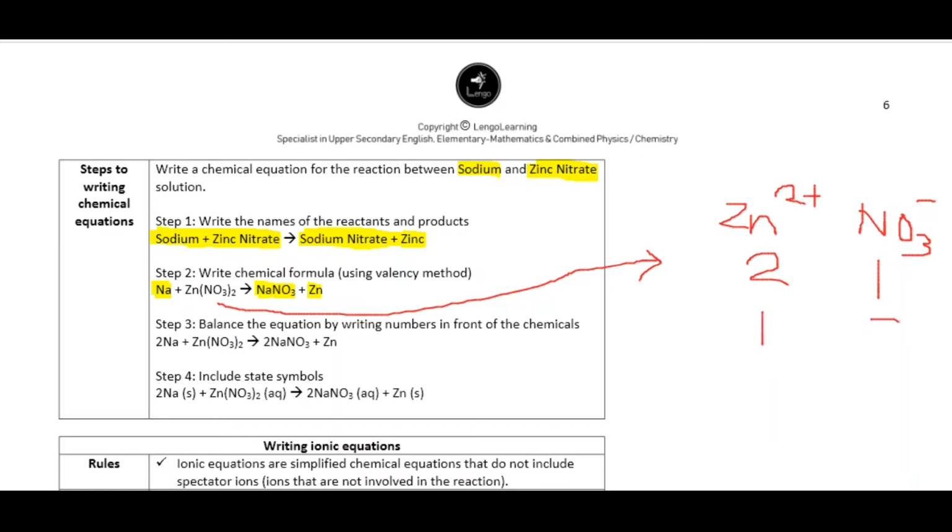So if I do the cross method, I will have 1 zinc, so Zn, and 2 nitrate ions, so it's NO3, 2. But remember to put a bracket because there's 2 of such nitrate ions, to show that this subscript 2 applies to the entire nitrate ion. This whole polyatomic ion, there's 2 of them.